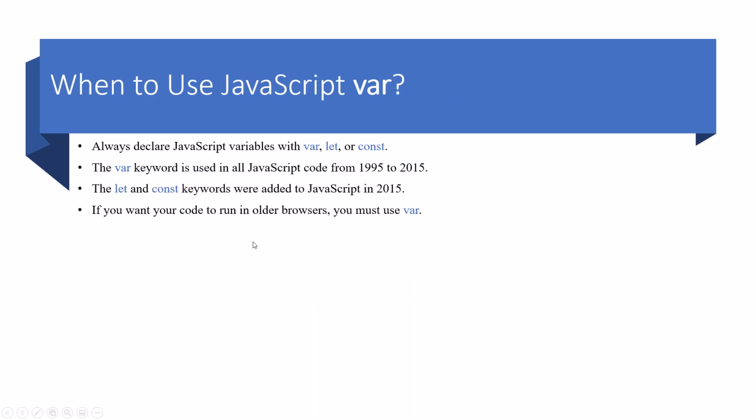So when to use the JavaScript var keyword? We always declare JavaScript variables with the var, let or const keyword, as I said. The var keyword was used in all JavaScript code from 1995 to 2015. After 2015, the let and const keywords were also added to JavaScript. If you want to run your code in an old browser, then you must use the var keyword.